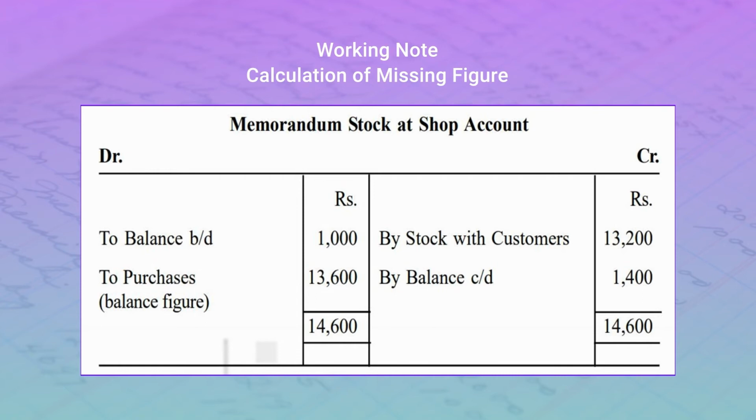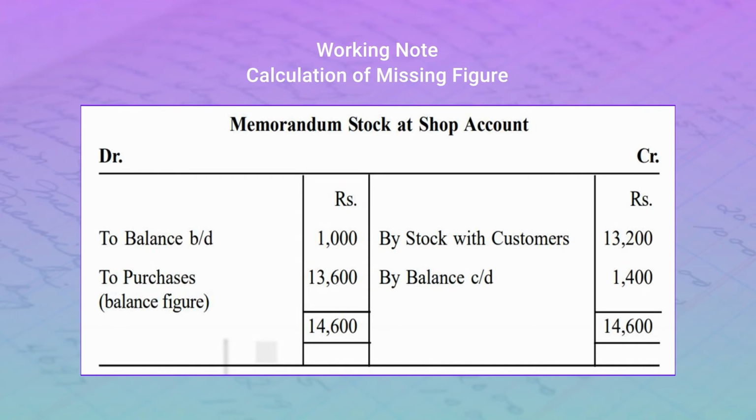So out of this stock with customer 13,200, it means 4,400 is the amount of loading which is included in this 13,200. Amount of loading was 4,400.